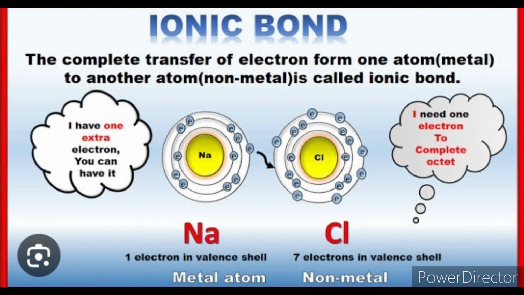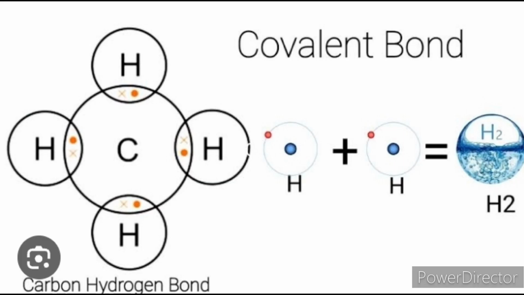The next bond is the covalent bond, which you are seeing here. This was discovered by G.N. Lewis. Here the bond that is formed involves sharing of electrons to form an electron pair between atoms. The best example you can see is CH4, which is methane, formed with hydrogen.